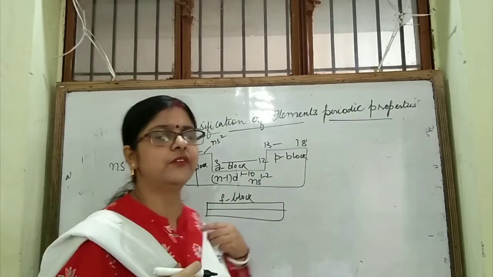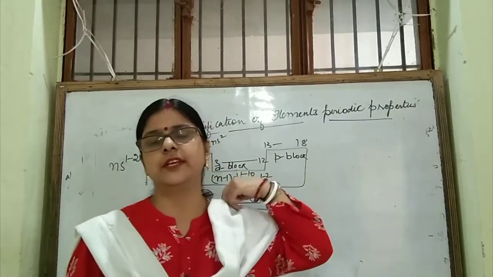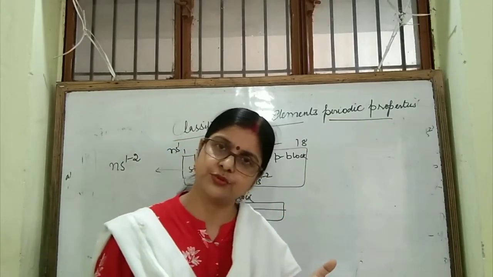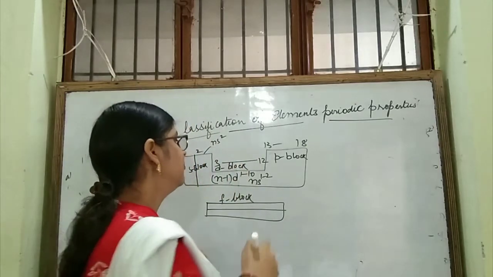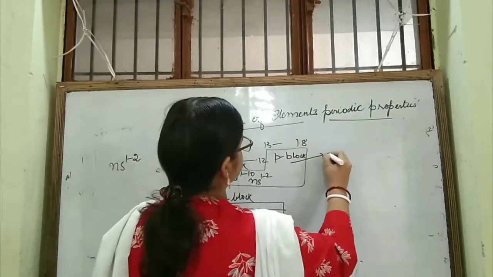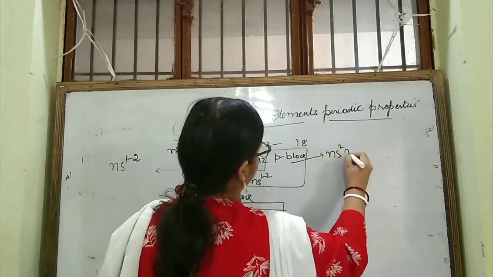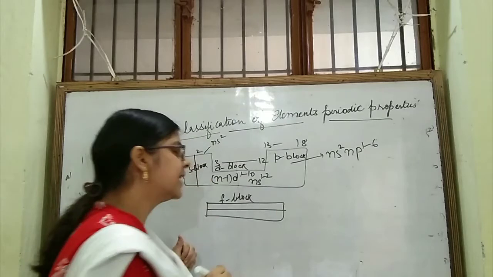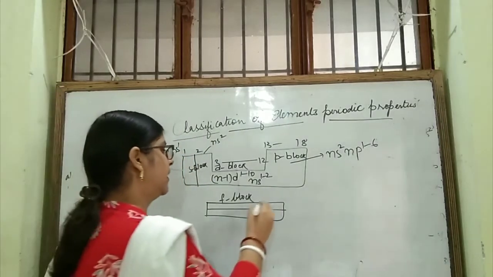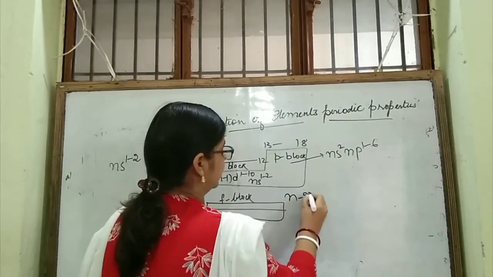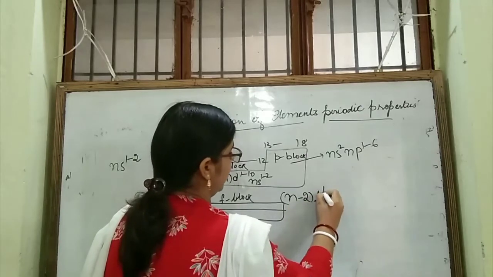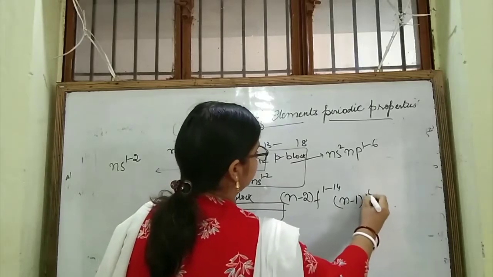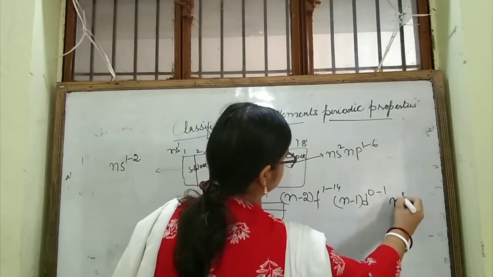Yes students, you can write (n-1)d^0-10 ns^1-2 also. Now P block elements have general electronic configuration ns^2 np^1-6. And F block elements have general electronic configuration (n-2)f^1-14 (n-1)d^0-1 ns^2.